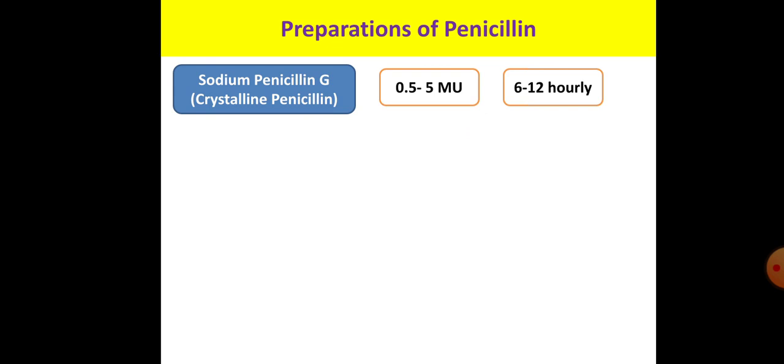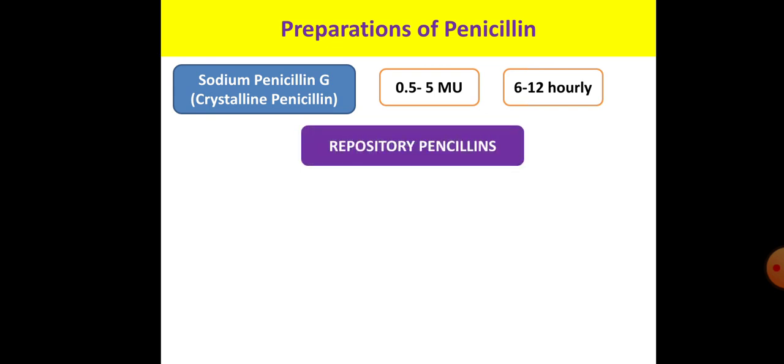Now I have told in my previous slide one limitation of penicillin G is its shorter duration of action, and this can be overcome by adding some impurities, and that's why the penicillin is deposited in a local site, at the site of the intramuscular injection, and from there the penicillin is released slowly, and these types of preparations are known as the repository preparations of penicillin.